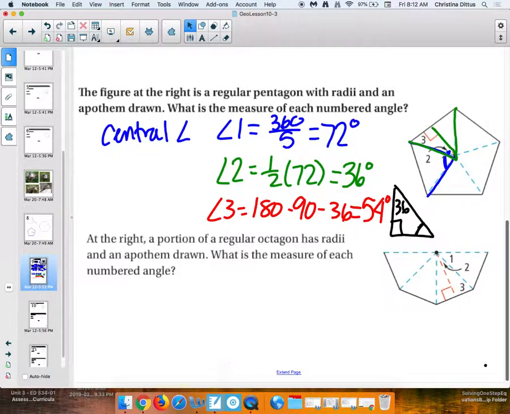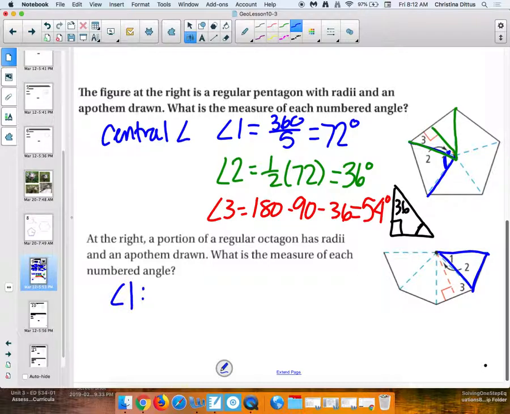We're gonna do it again. Angle 1, is that my central angle or no? Yeah. It takes this side and connects it to my center. So angle 1, to find my central angle, all I gotta do is take 360 divided by, I only got half.